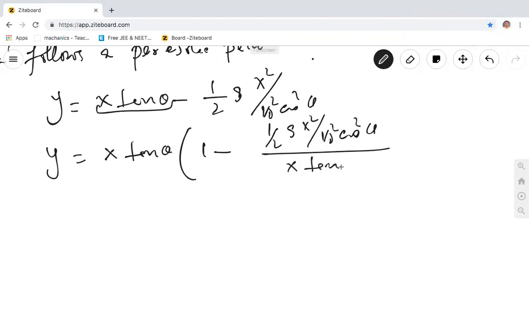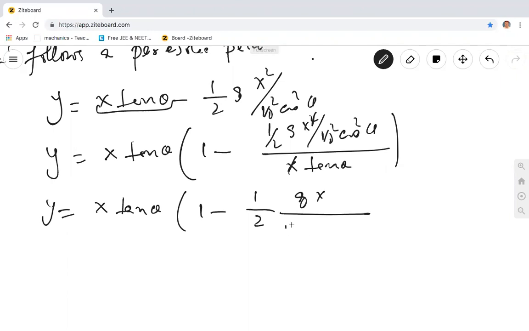What is missing here? When it's common, it is 1, and you just put it down in the denominator, right? Now this cancels off, and y equal to x tan theta times 1 minus 1 by 2 g x by v0 square cos square theta.